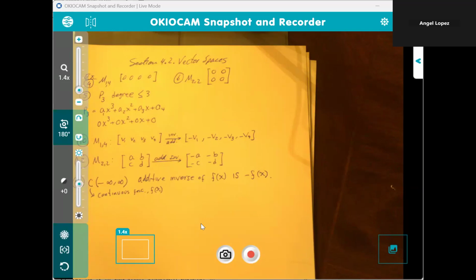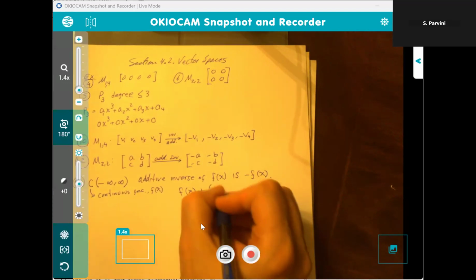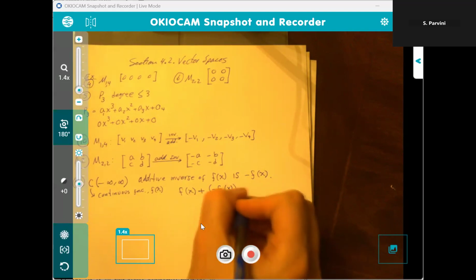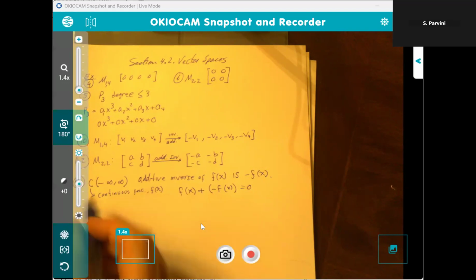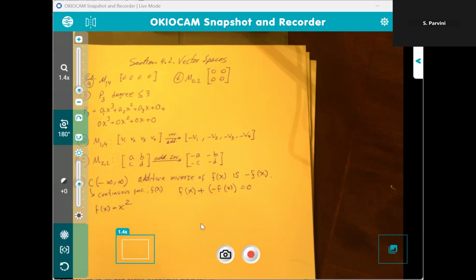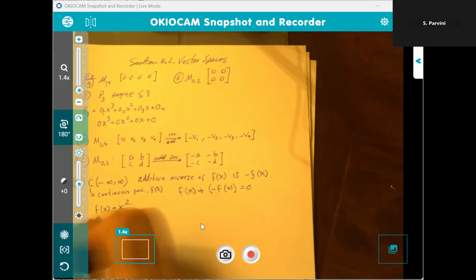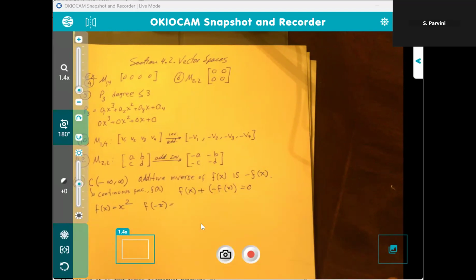Professor, wouldn't it be f of negative x? No, because they have to add to 0. F of negative x, for example, now remember continuous functions. Let's say my f of x is x squared, right? And if I do f of negative x, what do I get?